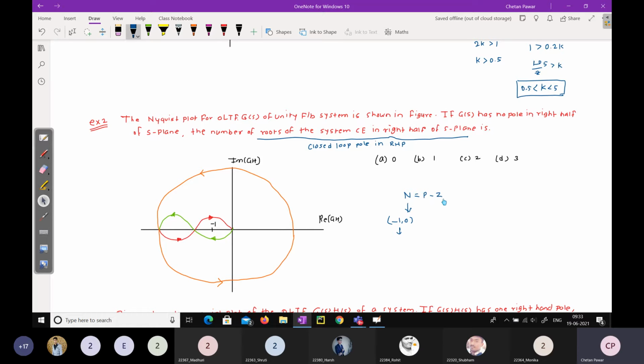From this formula N is equal to P minus Z, which variable is showing the number of closed loop poles in the RHP? P are the open loop poles, and Z are the closed loop poles.